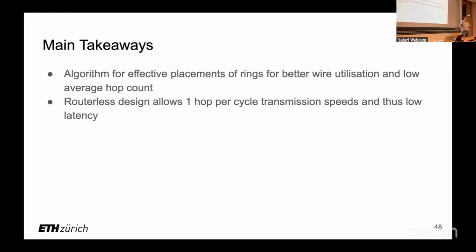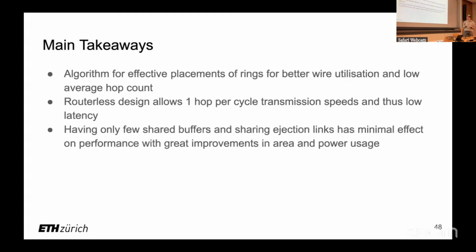So every single cycle you can forward a message, while routers have to make potentially complex decisions, which takes maybe a few cycles. And the third one, which I find really important, is that even if you only have very few buffers, you can have minimal resource usage, but still almost optimal performance. And so this is very good.